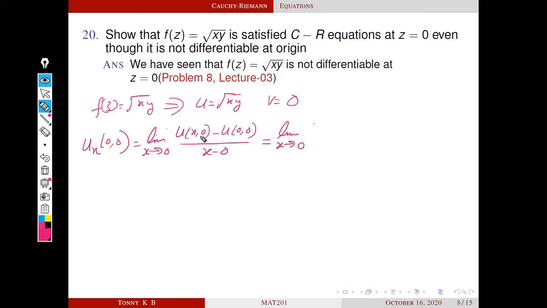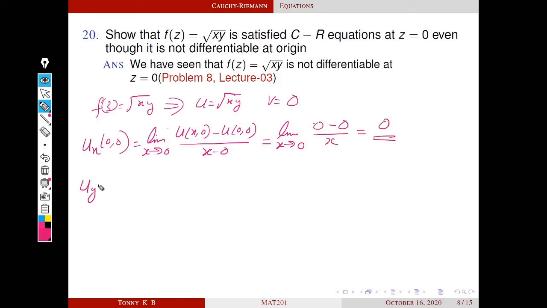And what is u(x,0)? When y equal to 0, u is 0. So this is also 0. So the numerator is throughout 0, the denominator is x, and here limit x tending to 0 means x is very close to 0, but x is never 0. That means x is a non-zero number. So 0 by a non-zero number is always 0.